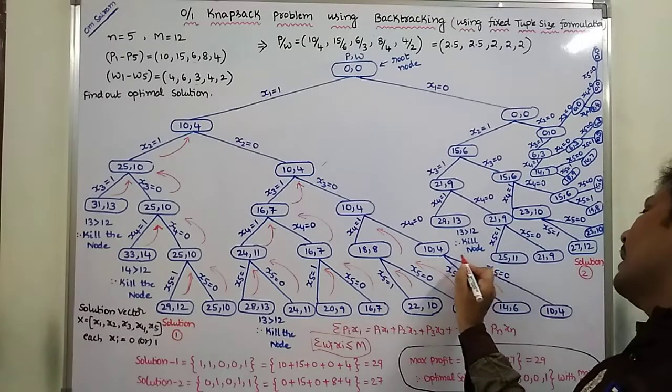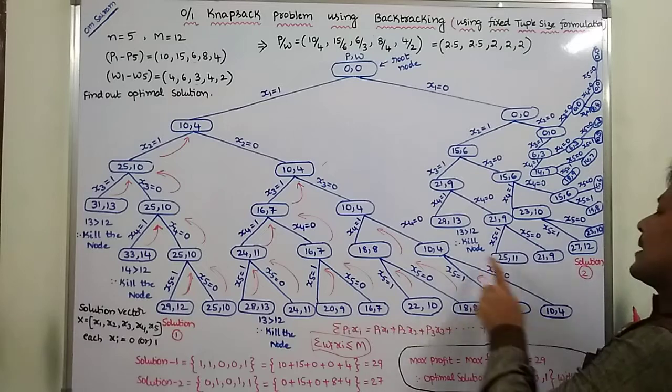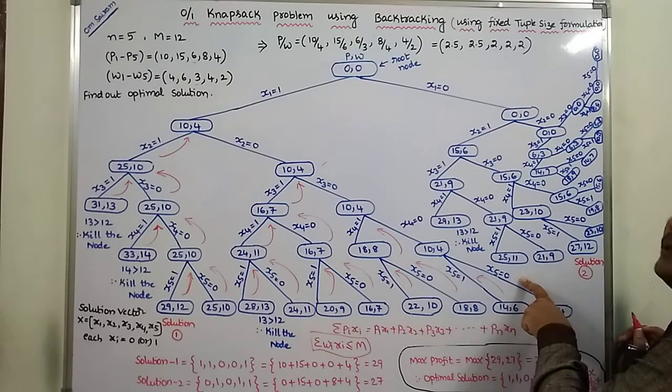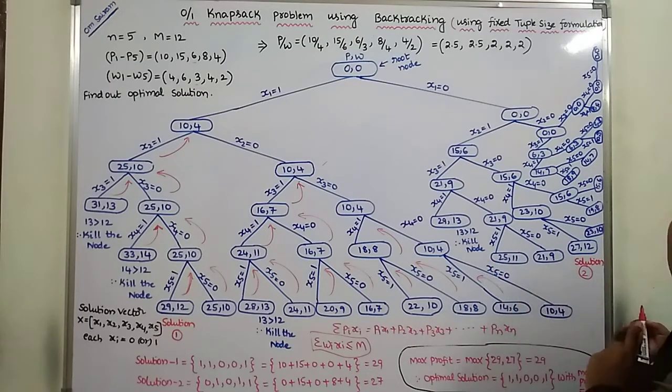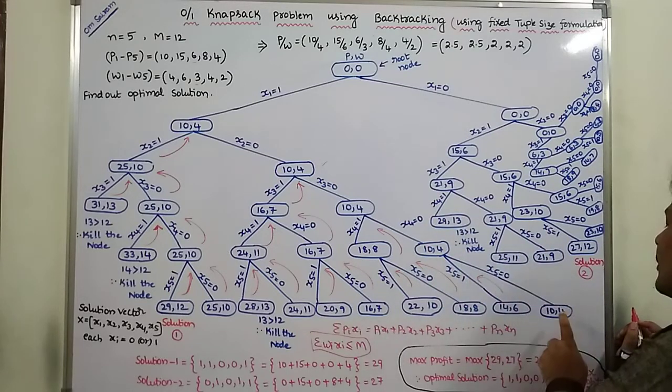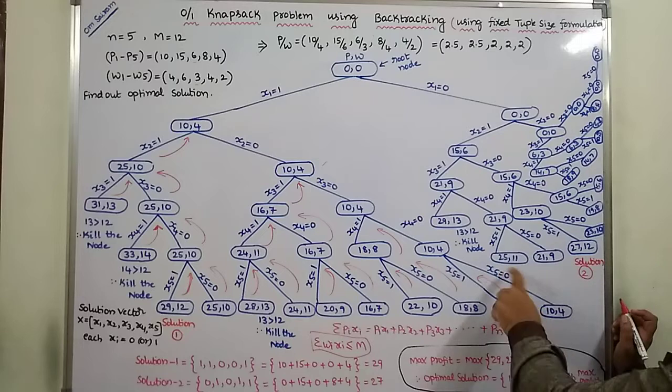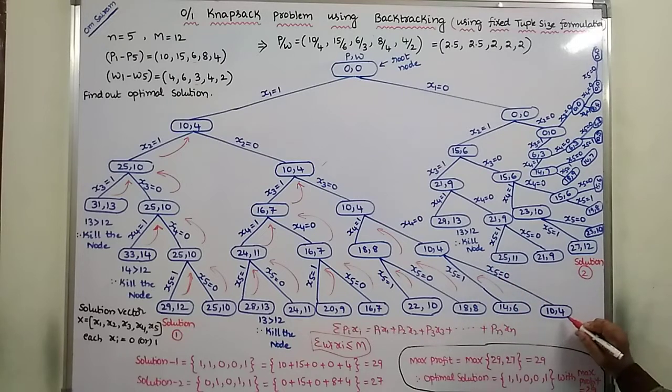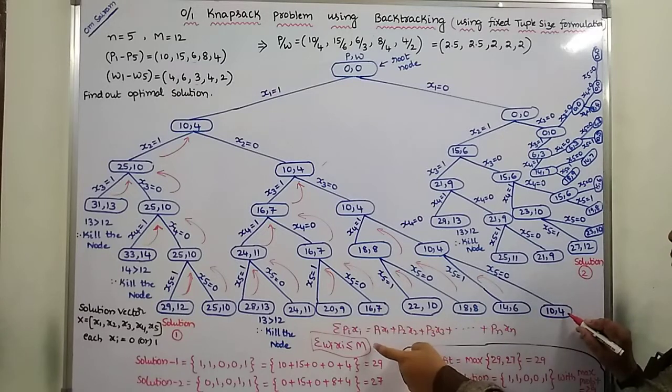Now we go for the right side, x suffix 5 is equal to 0. We are not considering the fifth object, so the p comma w values are the same, because we are not considering any object, so we are getting 10 comma 4. Here the sum of the weights of the objects that we have considered up to now is 4. 4 is less than or equal to 12, the capacity of the knapsack.